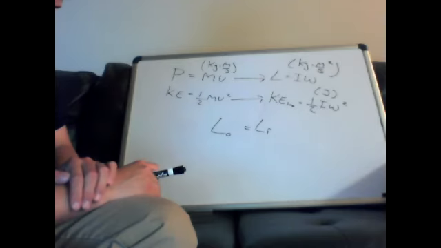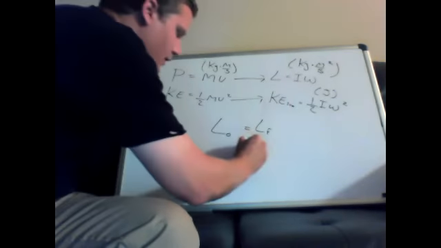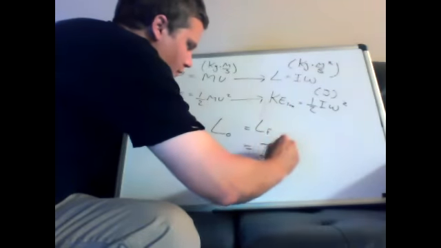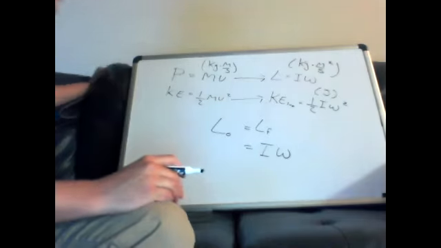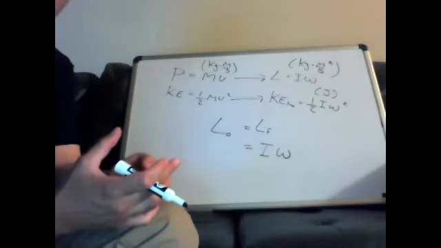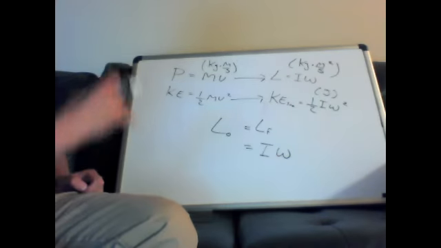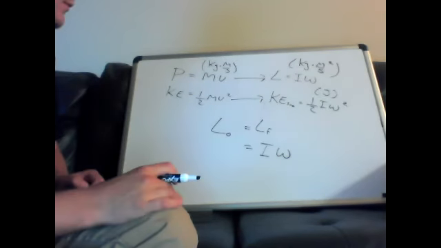I'll do a couple of videos on solving problems involving angular momentum and kinetic energy, but for now, think about it like this. Our formula is I, the moment of inertia, times omega, and this quantity is conserved, meaning whatever value you get for the initial angular momentum should be the value you get for the final angular momentum.